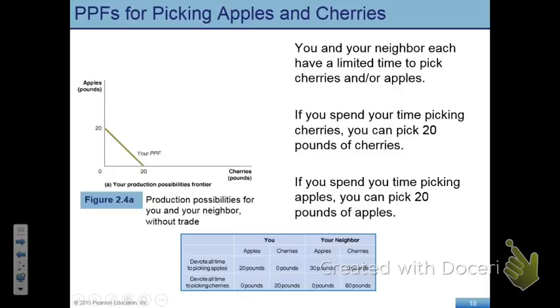We can put these numbers into a production possibility frontier. For you, your production possibility frontier looks like this, right? This is a very simple way of drawing a production possibility frontier, where you are finding the maximum amount of the horizontal good that you can produce and the maximum amount of the vertical good that you can produce.